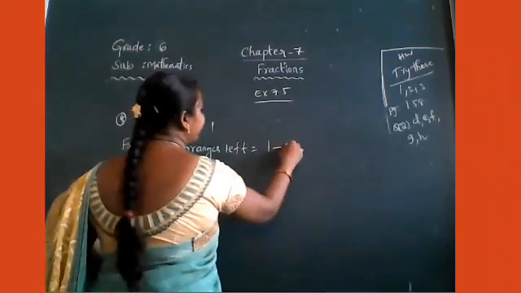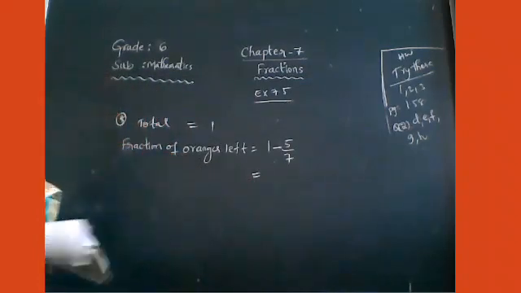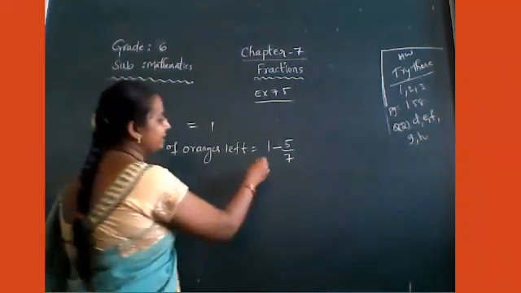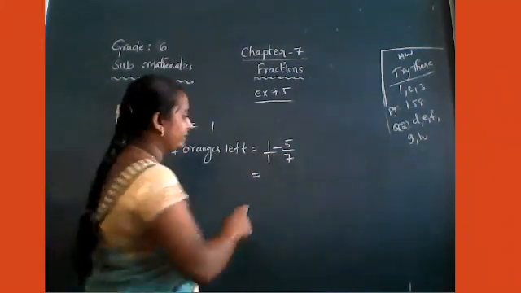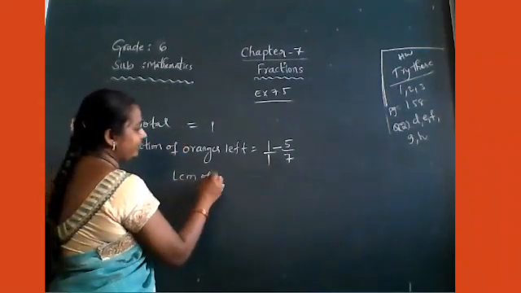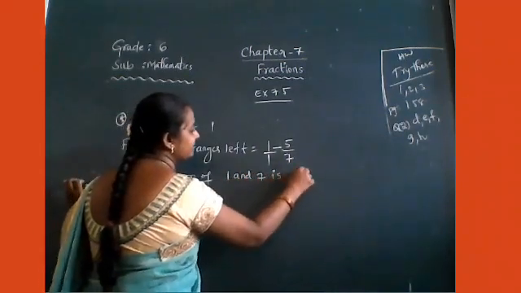Subtract 5 by 7. So 1 minus 5 by 7. Here the denominator you can take is 1. Then what is the LCM of 1 and 7? LCM of 1 and 7 is 7.